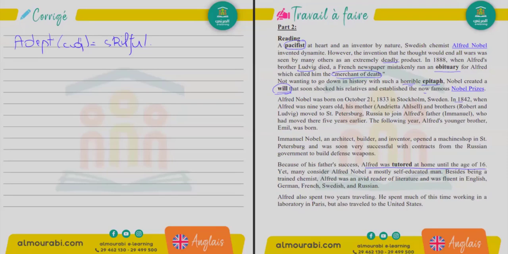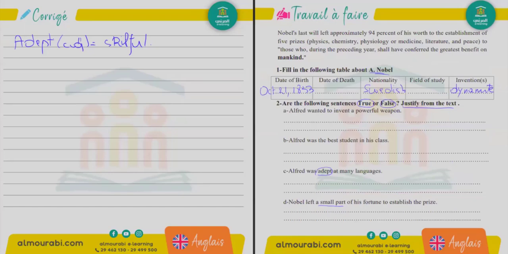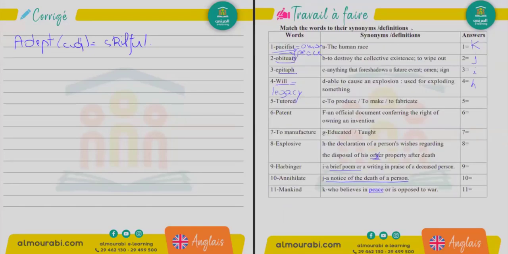In context, what do you mean by tutored? Alfred was tutored at home. It means a teacher taught him at home, educated. Pay attention: teach, taught is the past participle from teach.